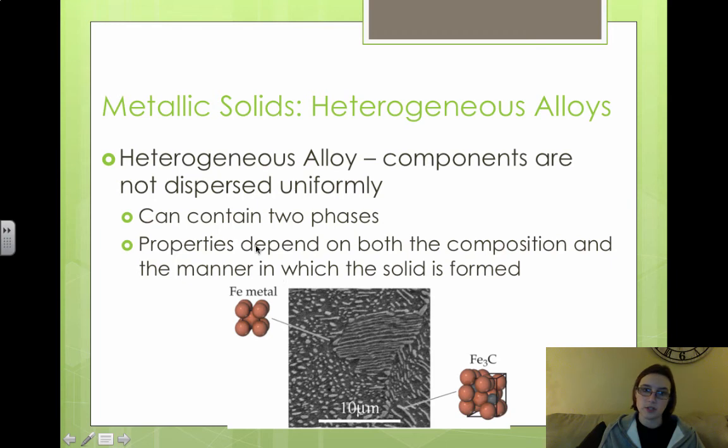So in terms of the 2 phases, we simply have metal and a compound, and these are mixed to create this heterogeneous alloy. And so the properties can depend on the composition and how the solid is formed. So the manner in which it is formed can also affect the properties.